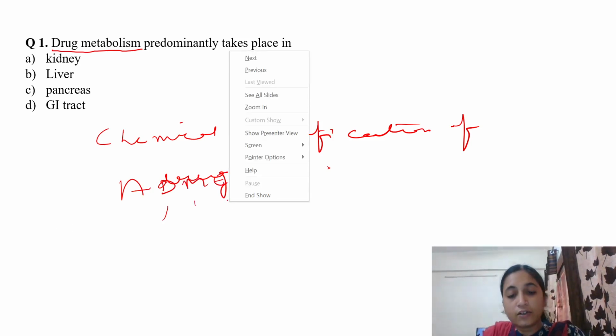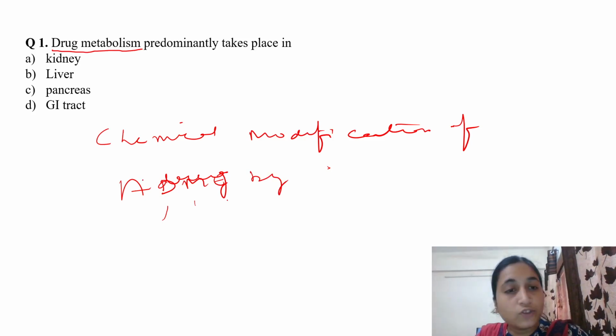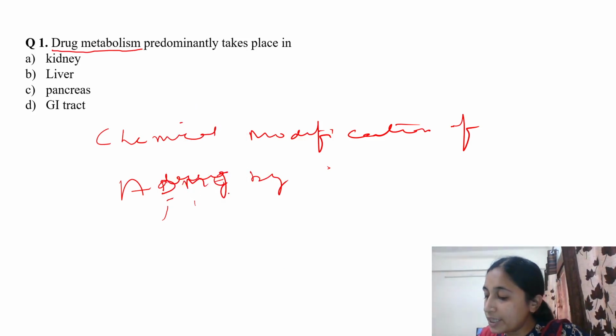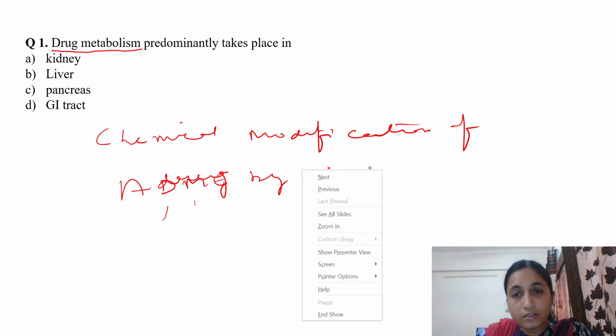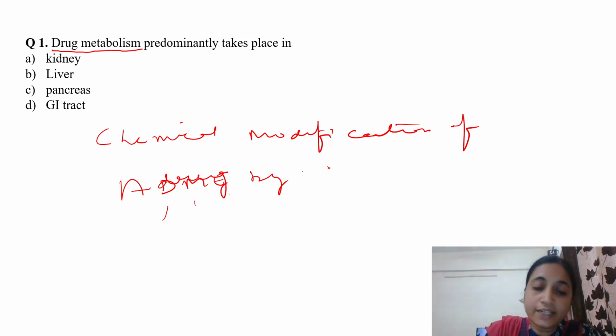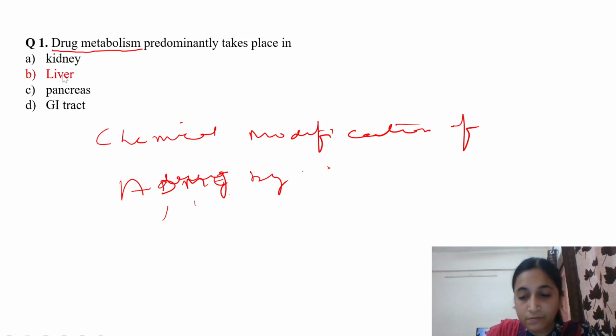Whenever we take a drug orally, absorption occurs in the stomach, or we can say gastrointestinal tract, and then through blood it reaches the target sites, and some drugs have to go for excretion. For that, metabolism in the liver modifies the drug so that it gets excreted. So the answer is here.